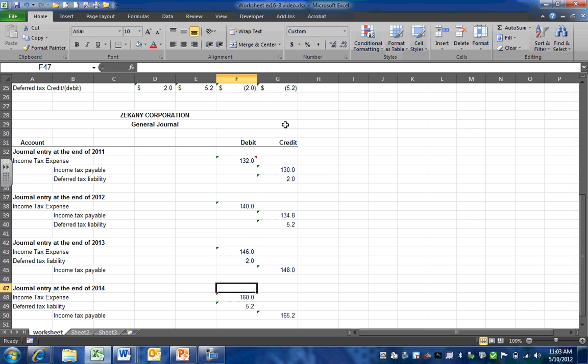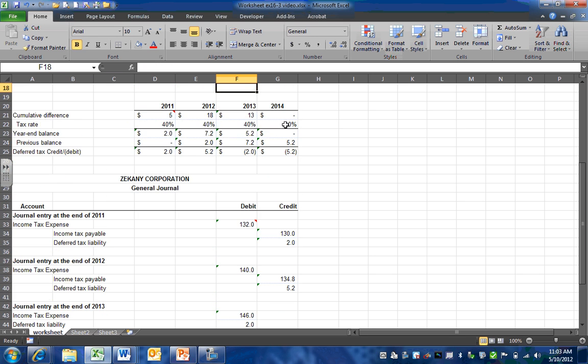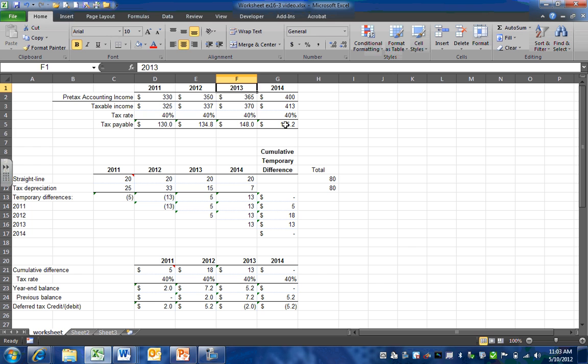And that's how we're going to account for this timing difference. Again, our tax payable is based on the taxable income which was given in this problem. We have our temporary differences between financial and tax depreciation based on those cumulative differences over the years.